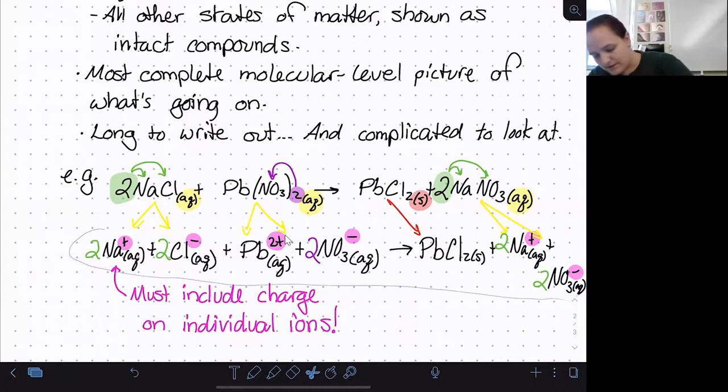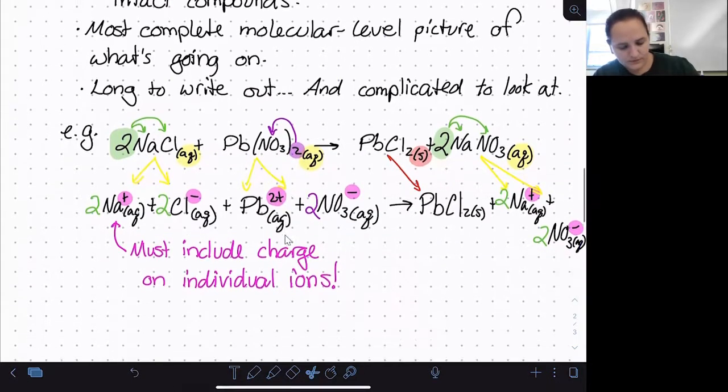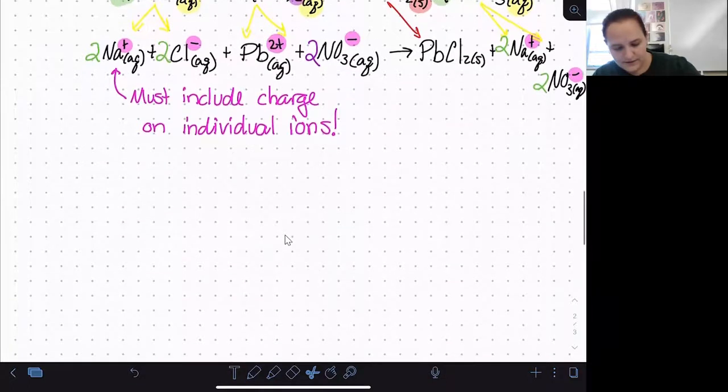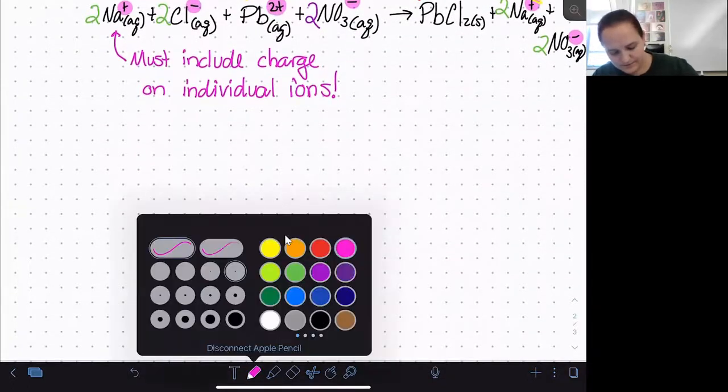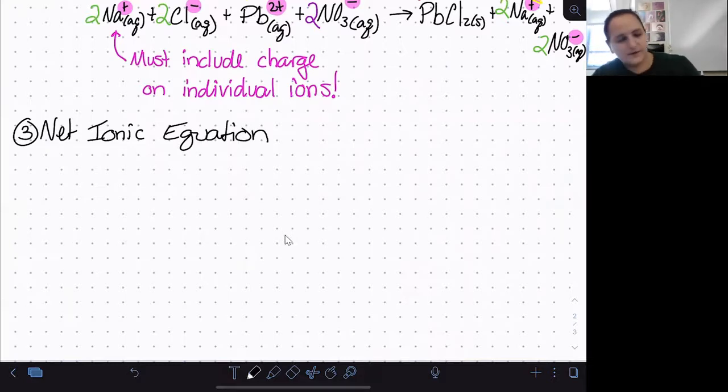So then our third and final type of reaction is what's known as the net ionic equation. So in the net ionic equation, we are taking the total ionic and we're essentially just subtracting out anything that doesn't react.